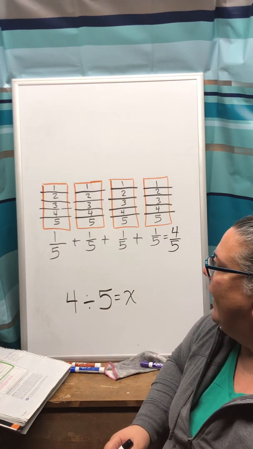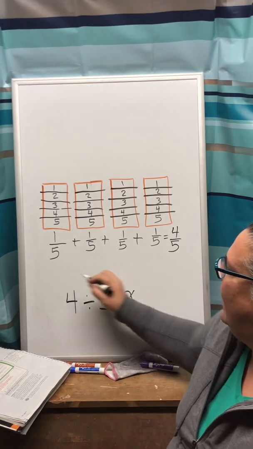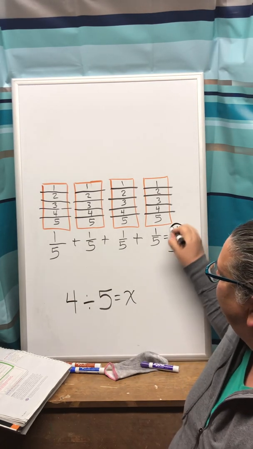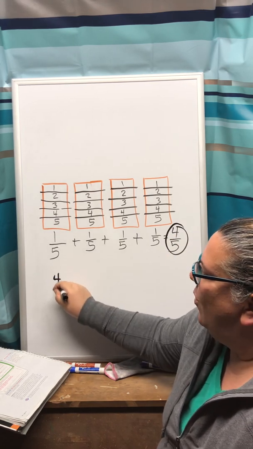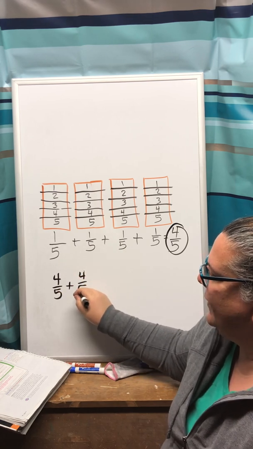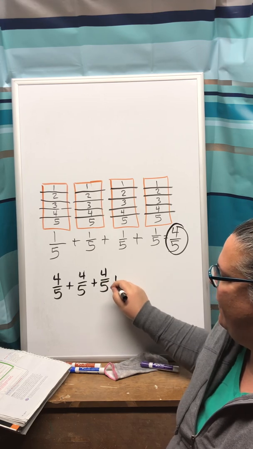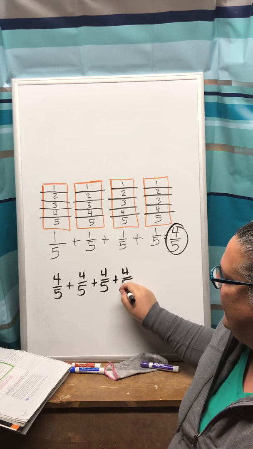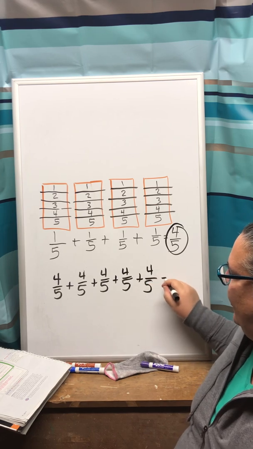If I think about each friend and what their portion is, I would take friend 1's total, and I would say if friend 1 gets 4/5, that means friend 2 also gets 4/5, friend 3 gets 4/5, friend 4 gets 4/5, and friend 5 gets 4/5.